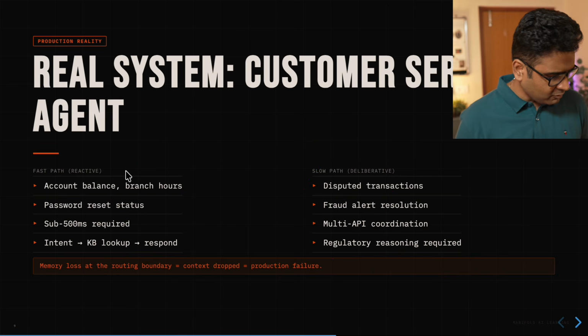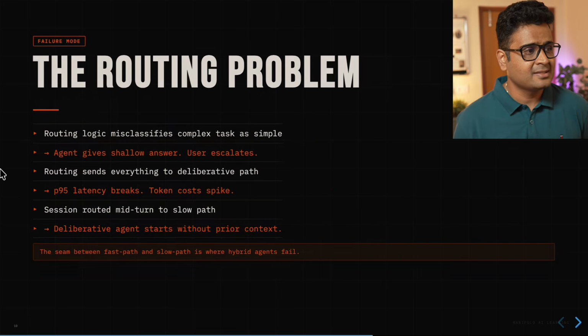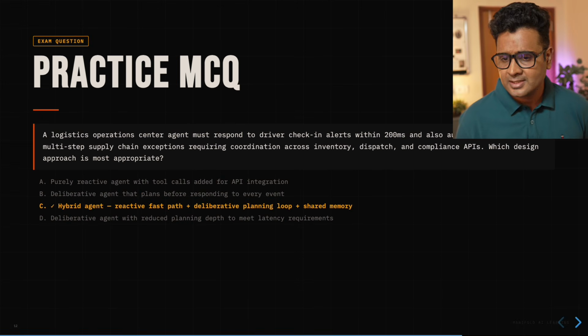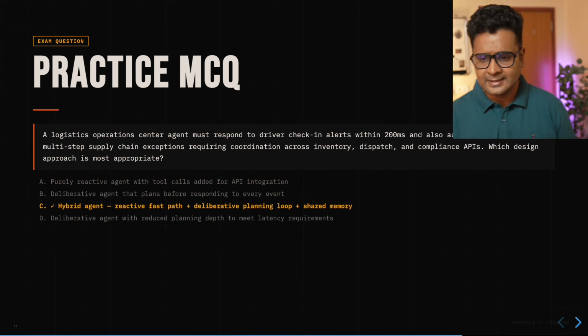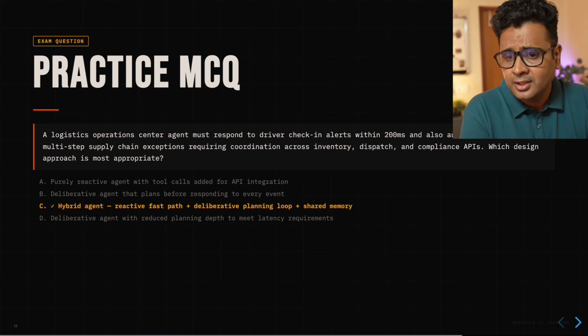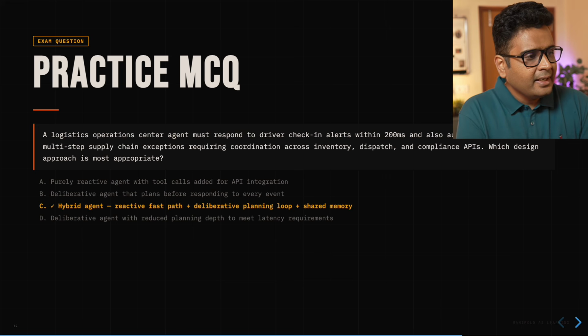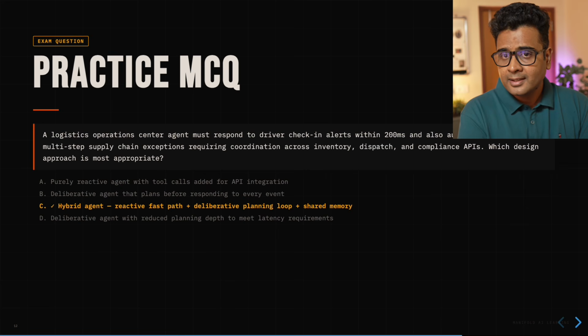Okay. Now let's take a look at a practice MCQ so that you get a clear understanding of how everything works. This is a certification style question. An agentic system is deployed in a logistics operation center.